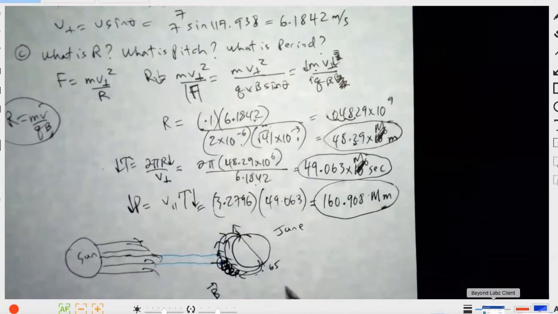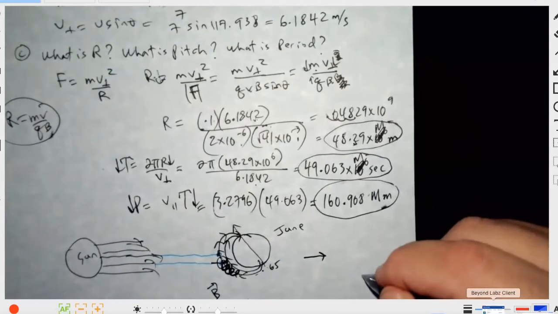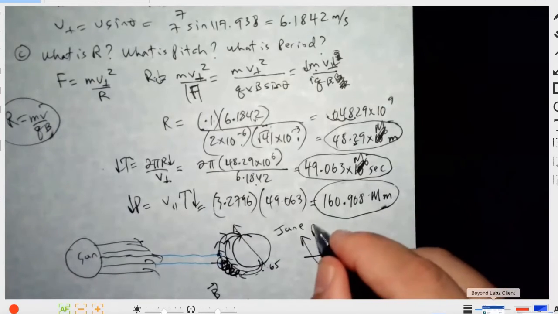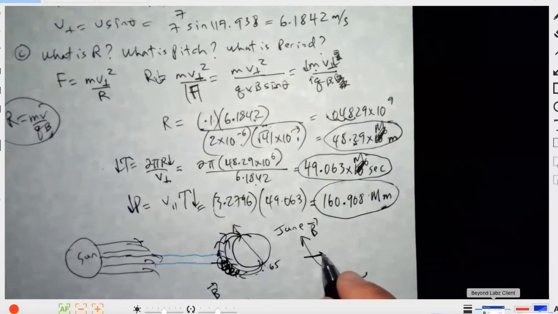This is as detailed as we can see it. Here's the field: out of the board, into the board, out of the board, into the board. You see the radius is getting smaller now, and as the radius gets smaller, the pitch gets smaller.